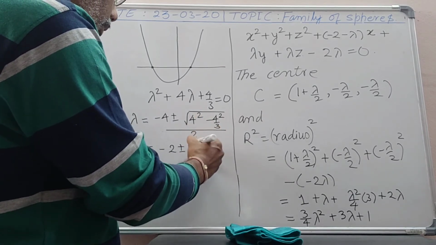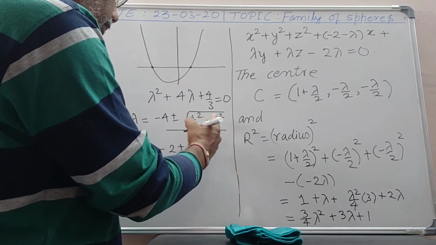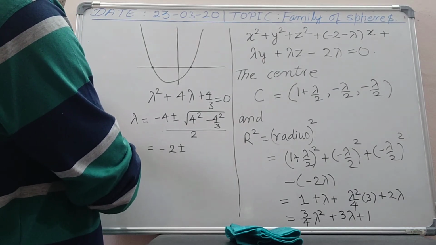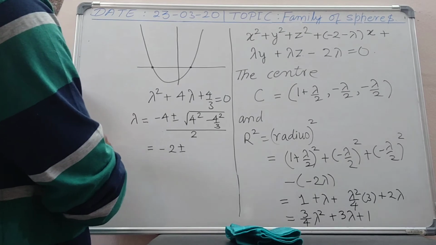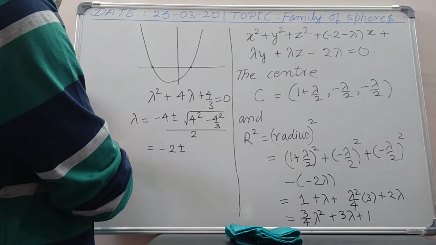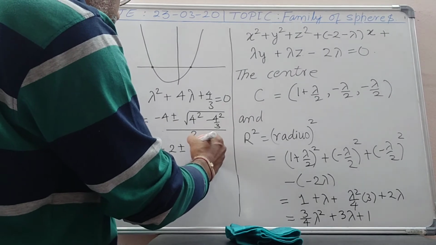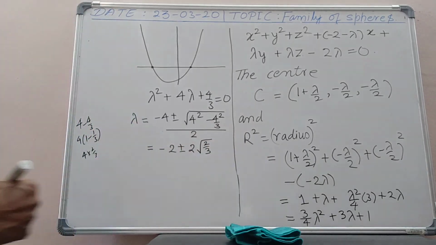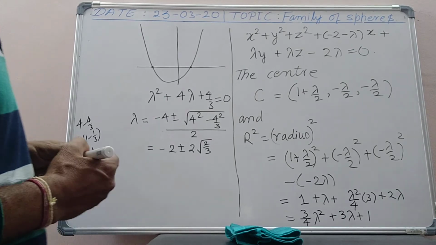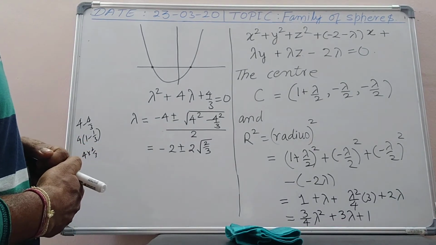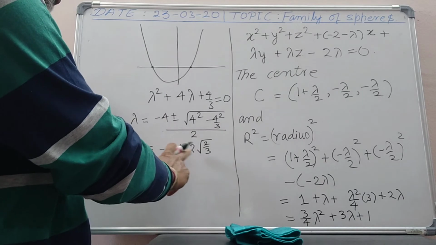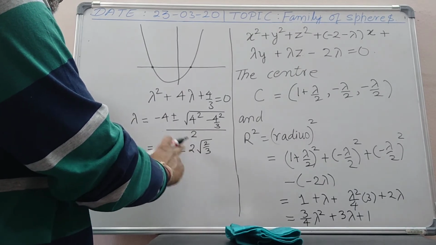Okay, so let me take a 4 out. So 4 minus 4 by 3 is 4 into 1 minus 1 by 3. So that's 4 into 2 by 3. Okay. Just check that. Okay. So both the points are negative, right?